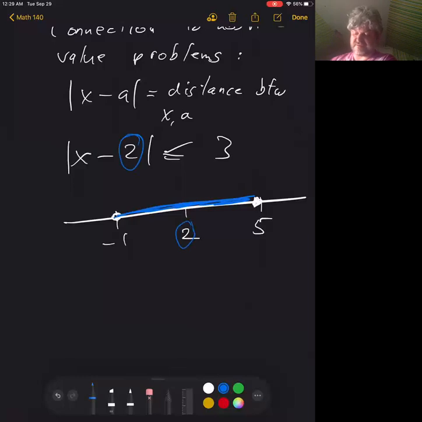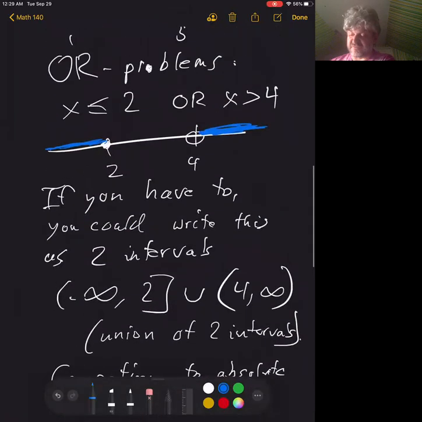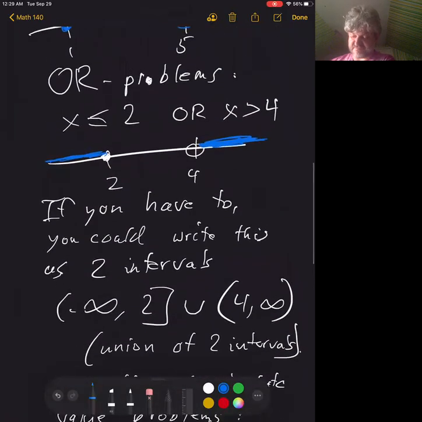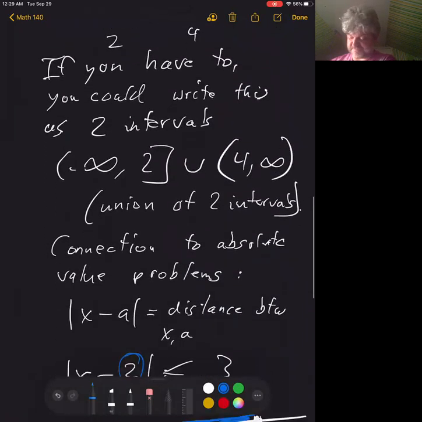And the length of the interval is 2 times what I see on the right, if it's a less or equal sign. If it's greater than, then it would be the outside of this interval, like I had in my problem where it's a union of 2 intervals, like at the top of the screen here.